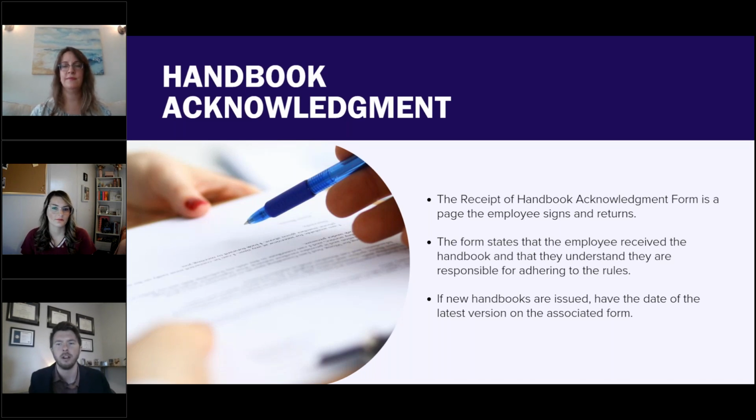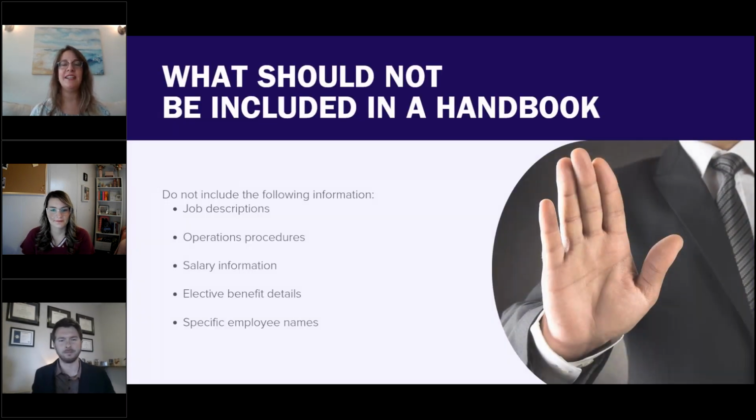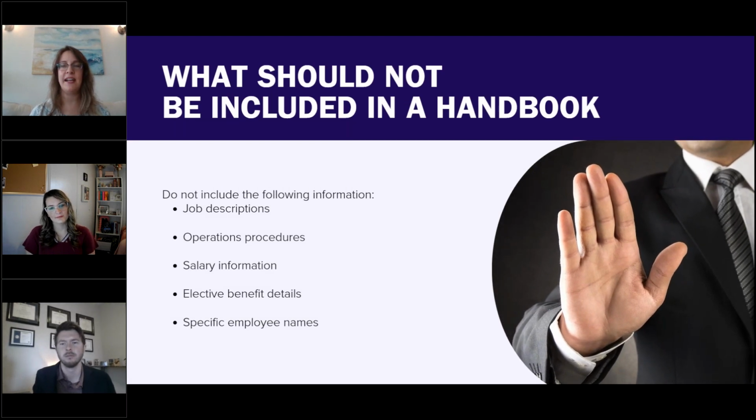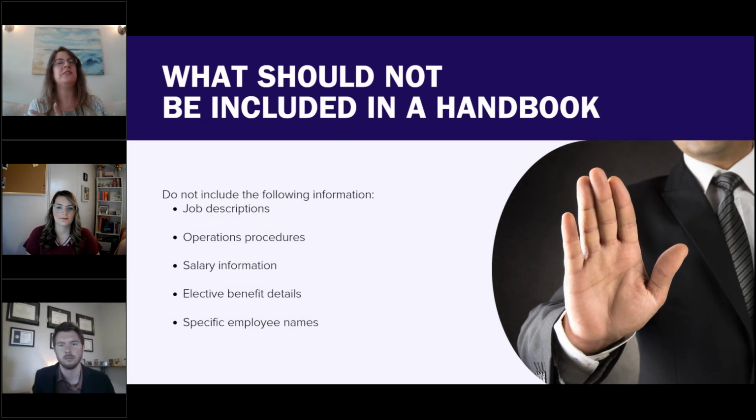You make a great point, Carrie, especially regarding the dating of the acknowledgement forms. As we start winding the webinar down, I think it's important to address a crucial topic, which is what not to include in the employee handbook. Yes, absolutely. It can be very easy to get carried away when creating or updating a handbook. You want to include everything in the world you possibly want to tell an employee.